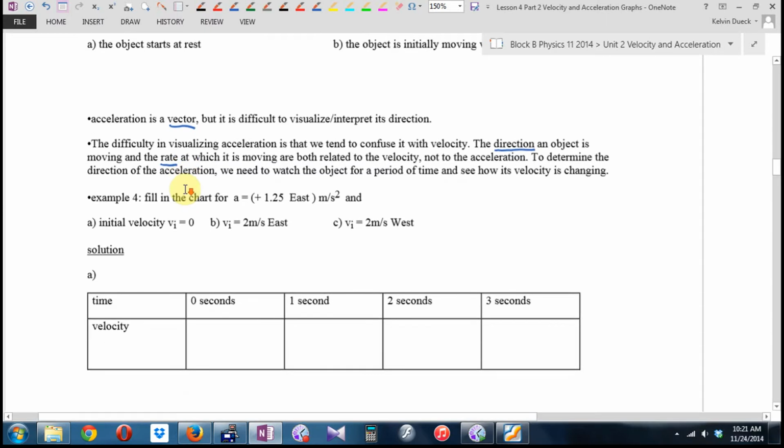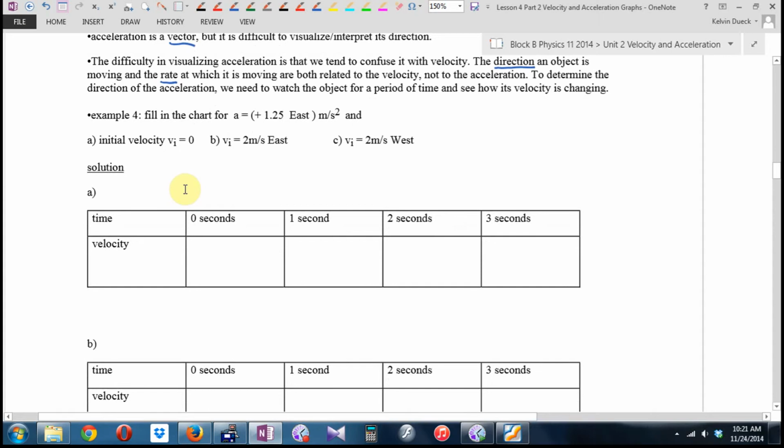So you ready? Fill in the chart for acceleration is 1.25 meters per second squared to the east. So we're going to call east positive. What do we call west then? Negative, okay?